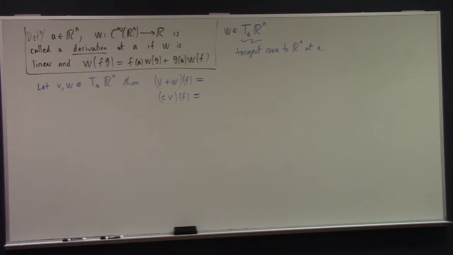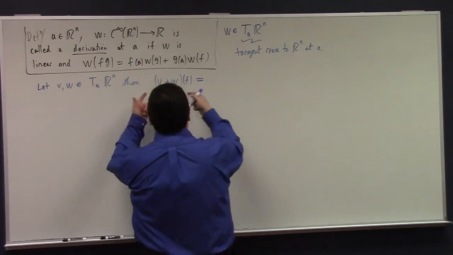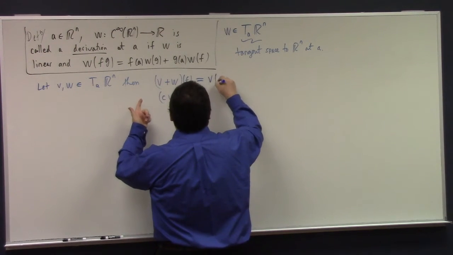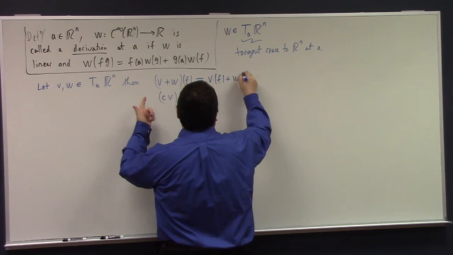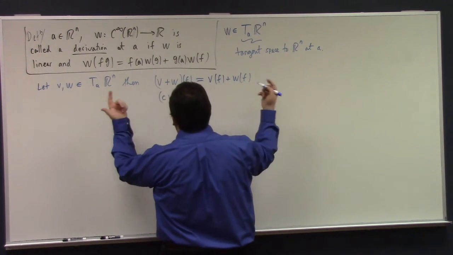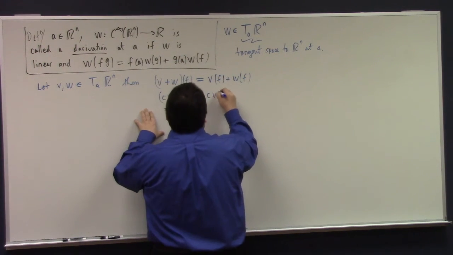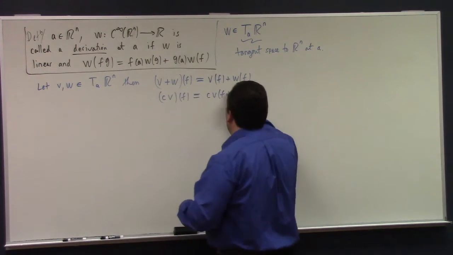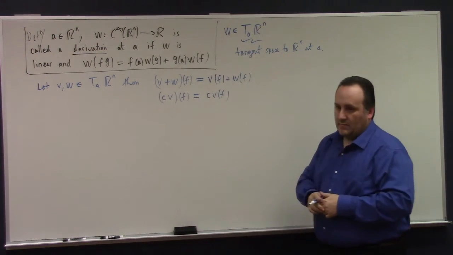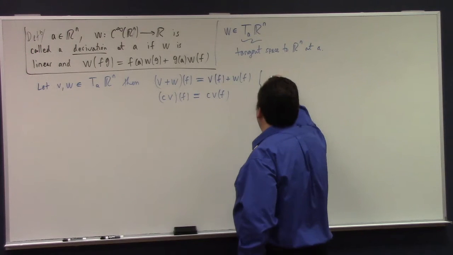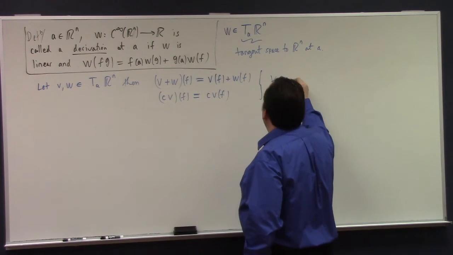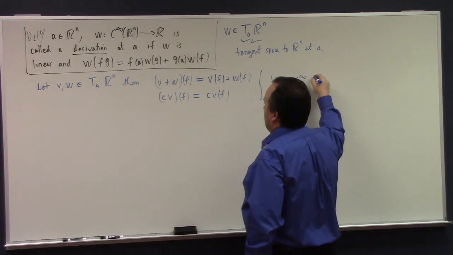So if we define them pointwise, then we've defined vector addition, addition and scalar multiplication. And this is, of course, for all f that are smooth functions on R^n.